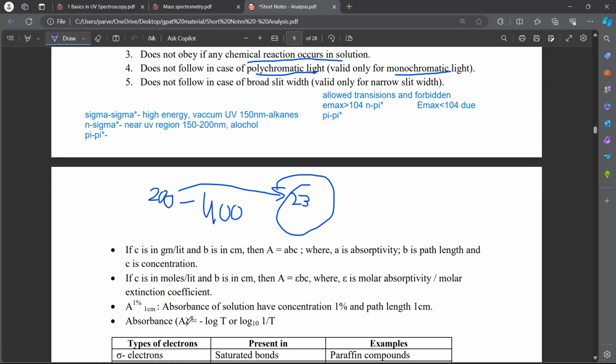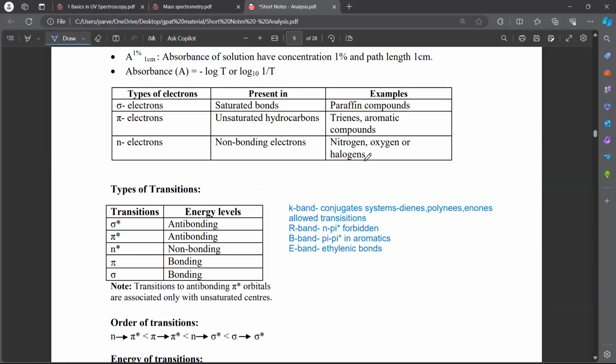So you have to remember the equation, and the units are very important. Basically, A is equal to epsilon L into C. Let me write here the equations which we have to remember. So A is equal to epsilon L into C. This is the equation.